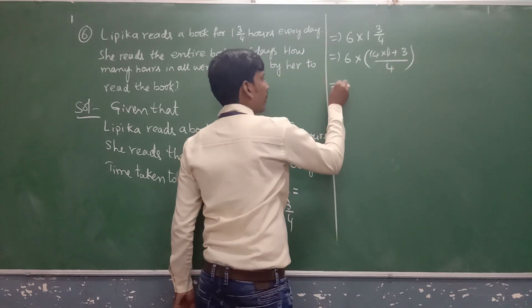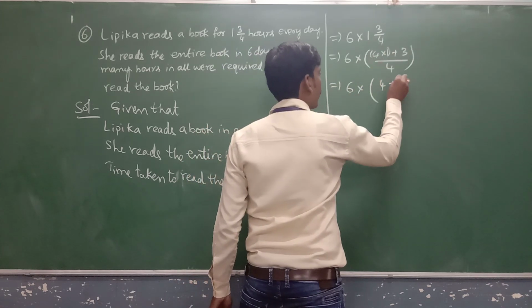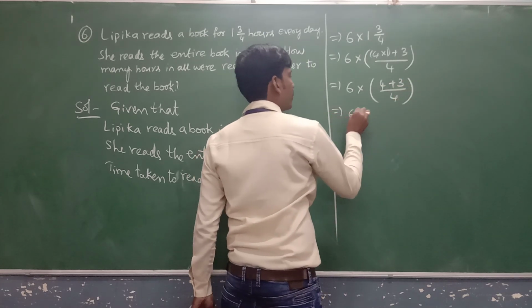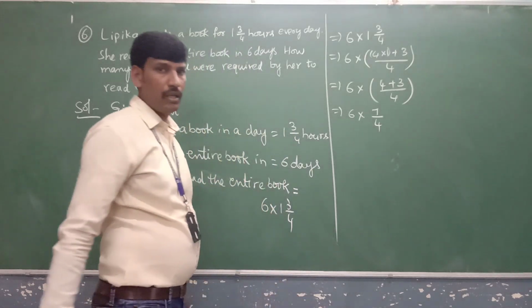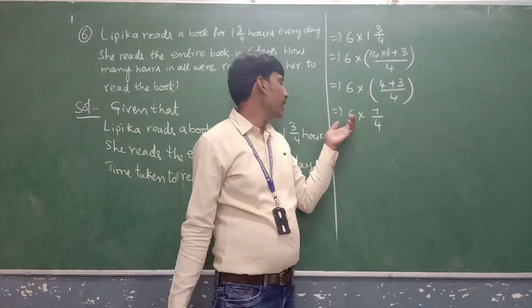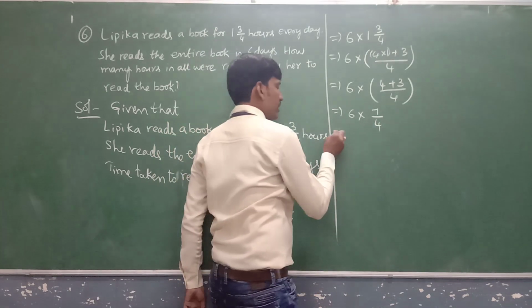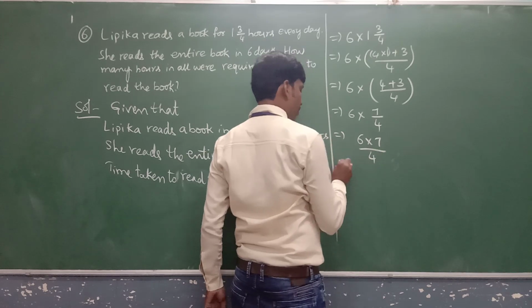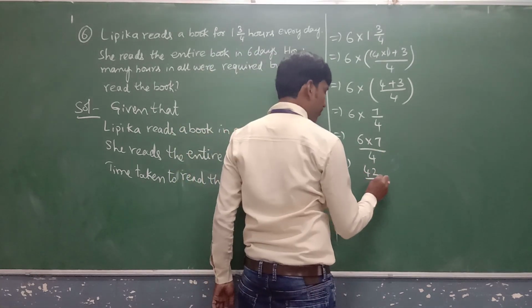Clear, everyone? 4 into 1 is 4, plus 3 by 4, which implies 6 into 7 by 4. Now we need to multiply a whole number and an improper fraction, so 6 into 7 by 4. 6 sevens are how much? Very good, 42. 42 divided by 4.